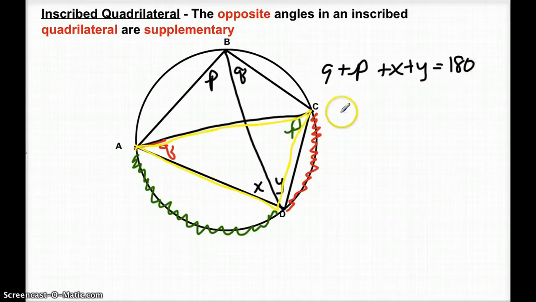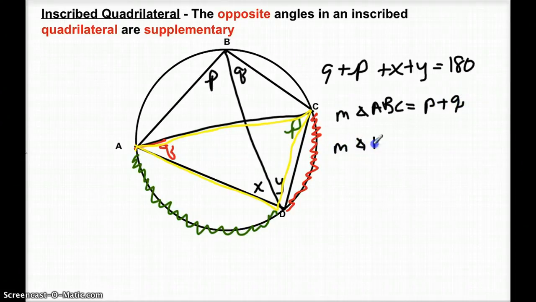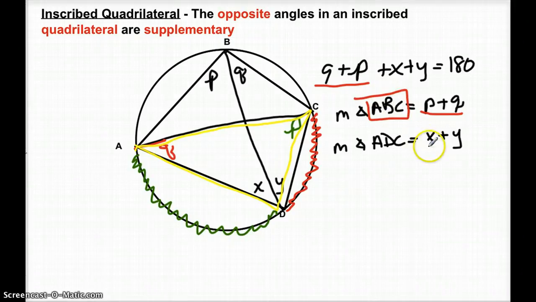But we've previously established that the measure of angle ABC is equal to P plus Q. And we also know that the measure of angle ADC has to equal X plus Y. So what that means is that wherever I see a Q plus P, I can substitute in angle ABC, and wherever I see an X plus Y, I can substitute in angle ADC.